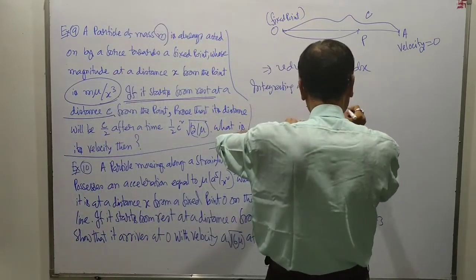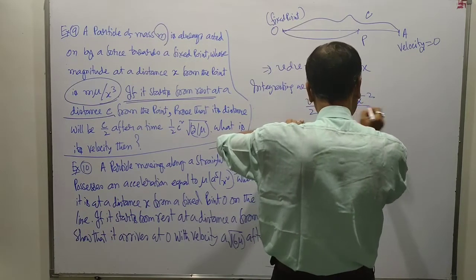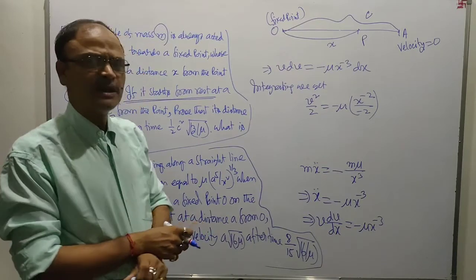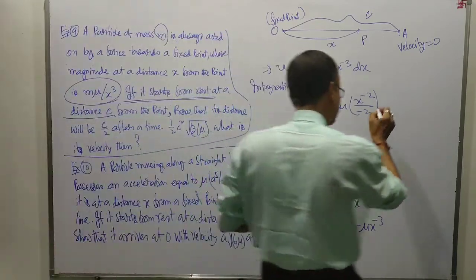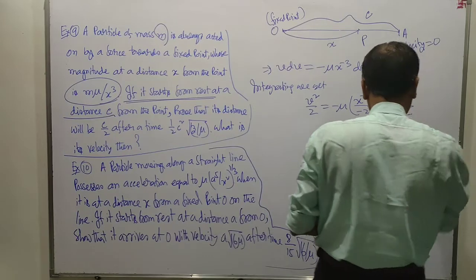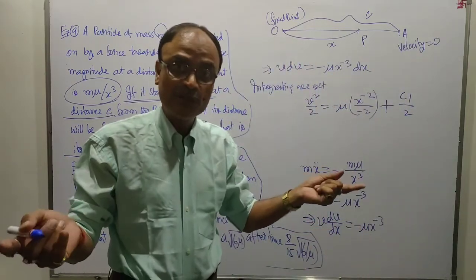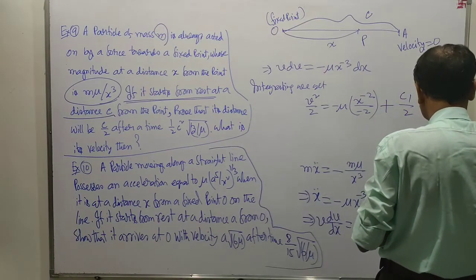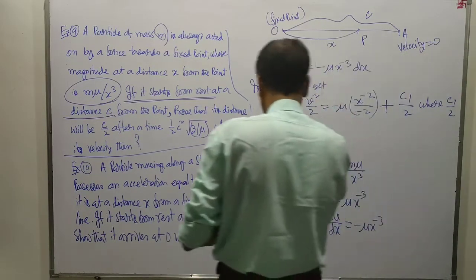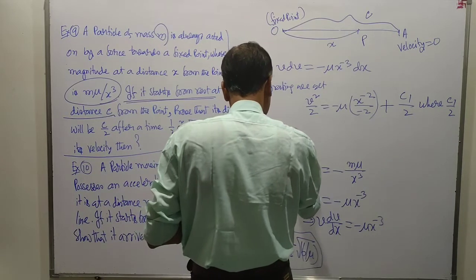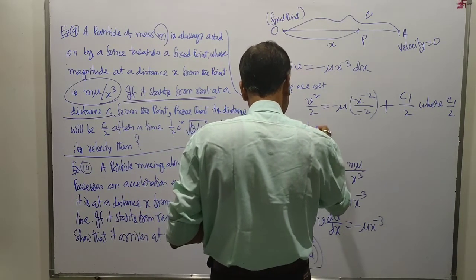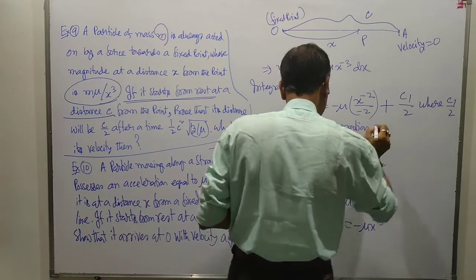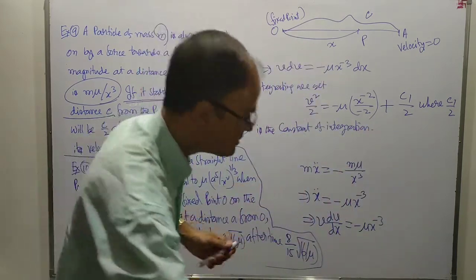This is equal to minus mu. If you integrate this, you will get x to the power minus 2 divided by minus 2 plus c1 by 2, where c1 by 2 is the constant of integration.